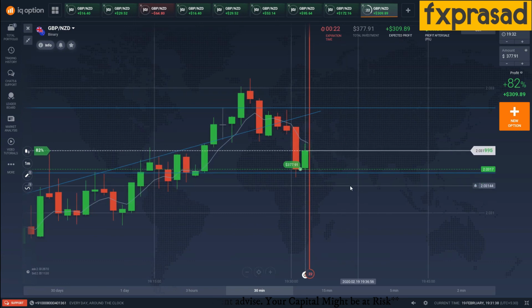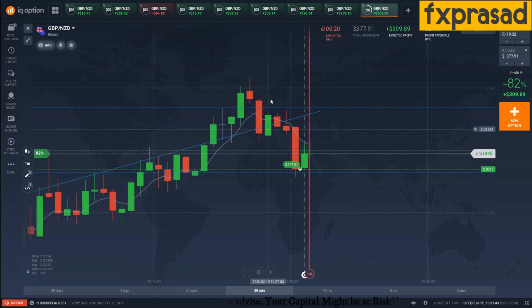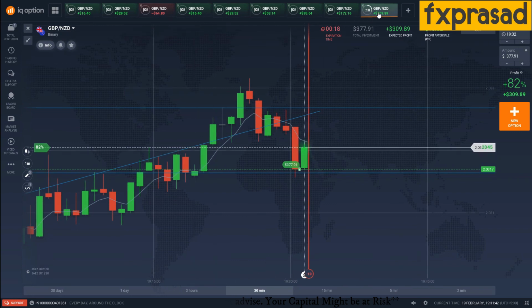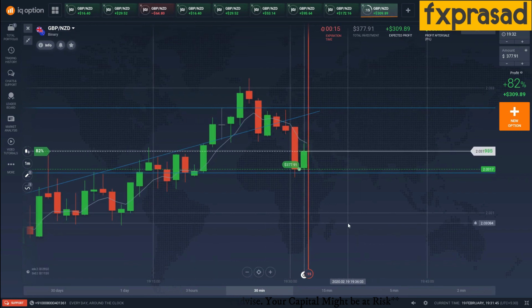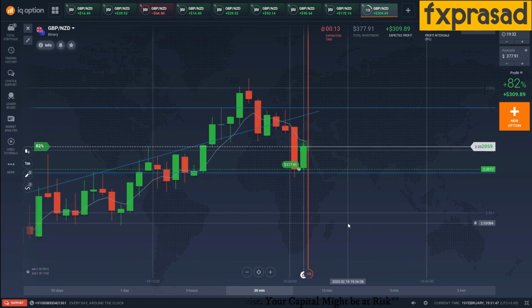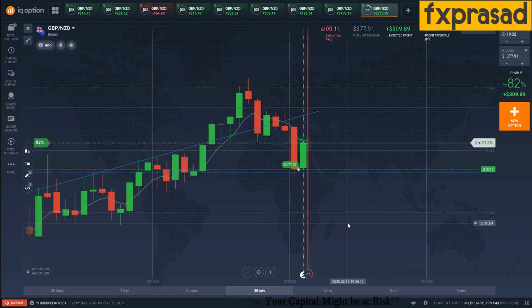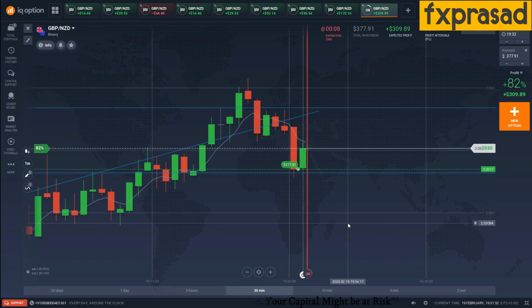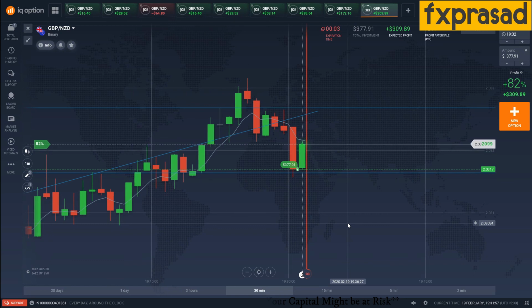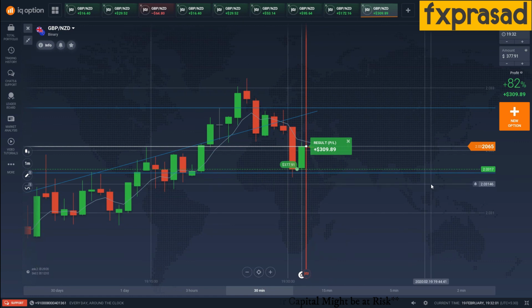After this candle I close my trades because these are huge trades. This is also one. And 1, 2, 3, 4, 5, 6, 7, 8, 9. Out of 9 trades I won 8 trades, only one trade I lost.